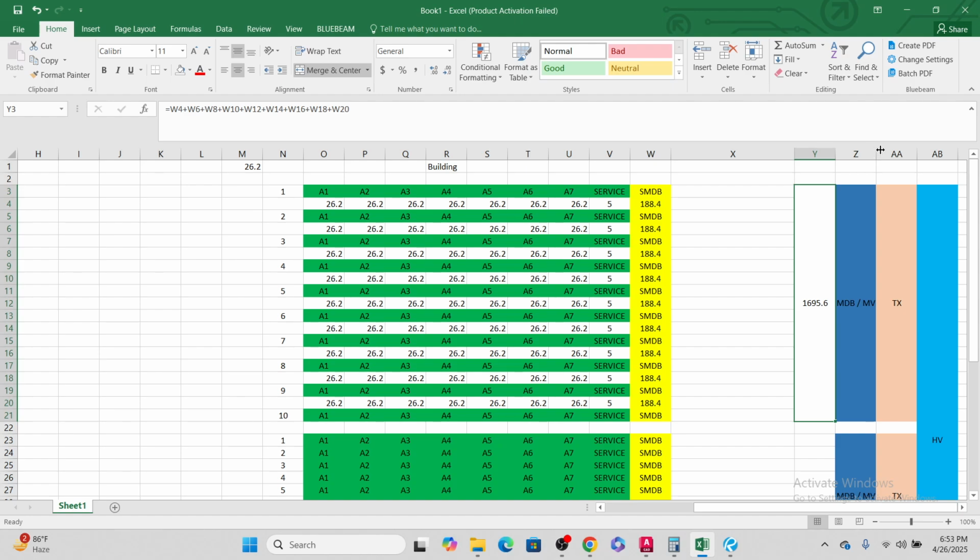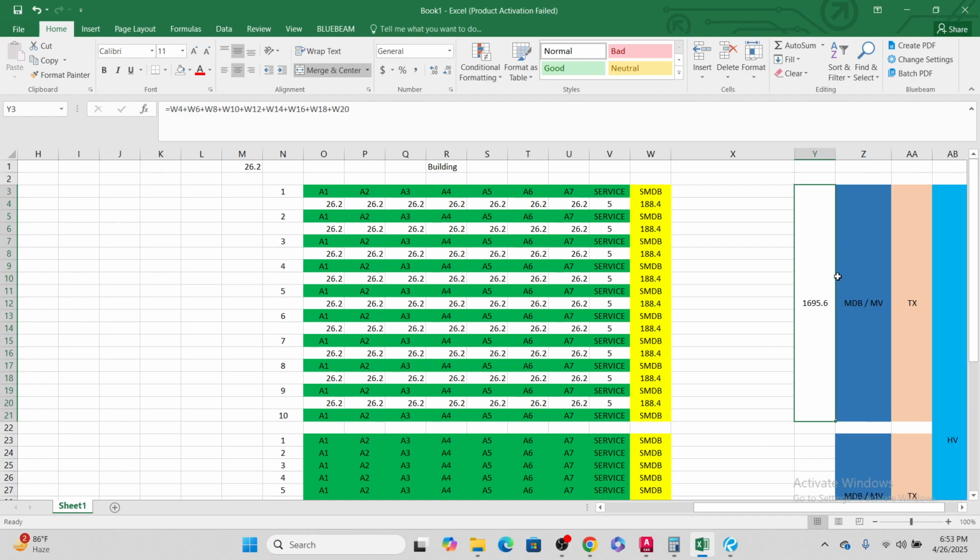No, I will not come to the transformer now; I will come later. Okay, now here's the concept. Each DB has 26.2 kilowatts, each SMDB total is 188.4 kilowatts, and each MDB or MV panel has 1695.6 kilowatts. Okay, so in the design concept, now we have to select the amperage of the incoming breaker.